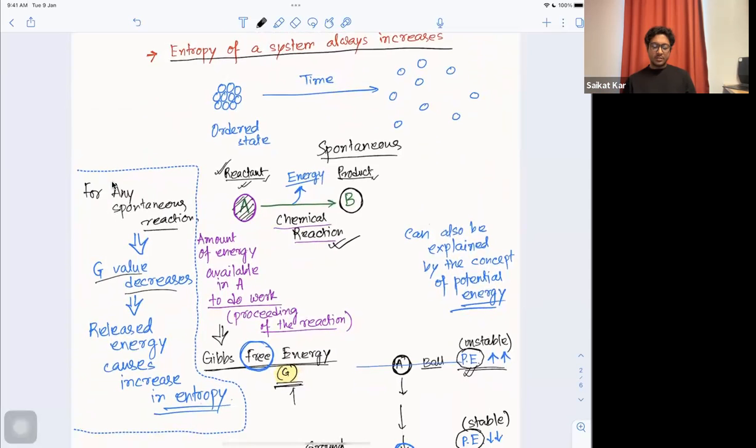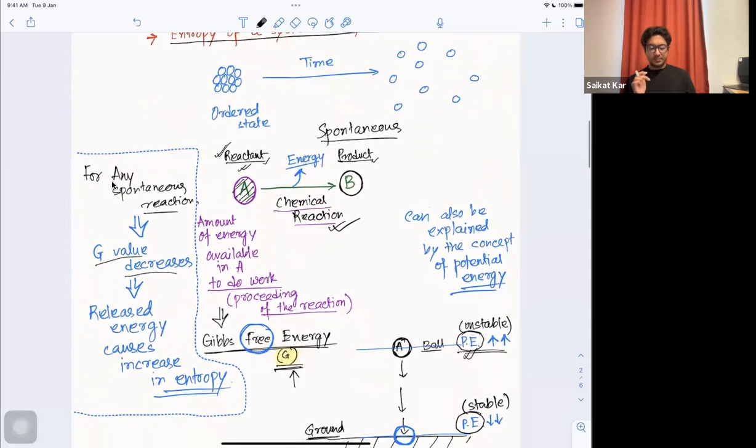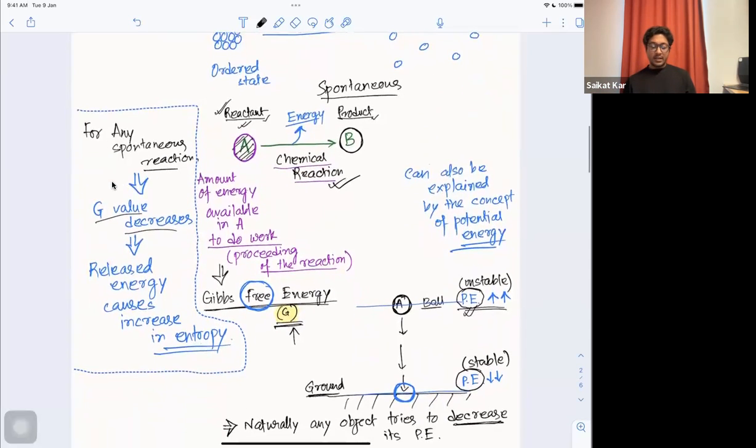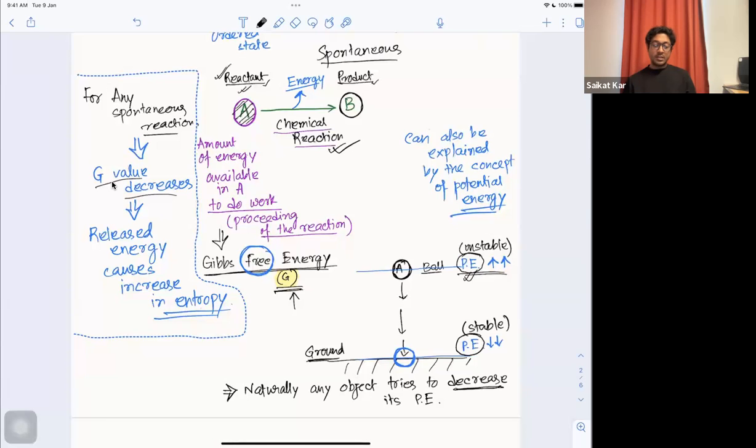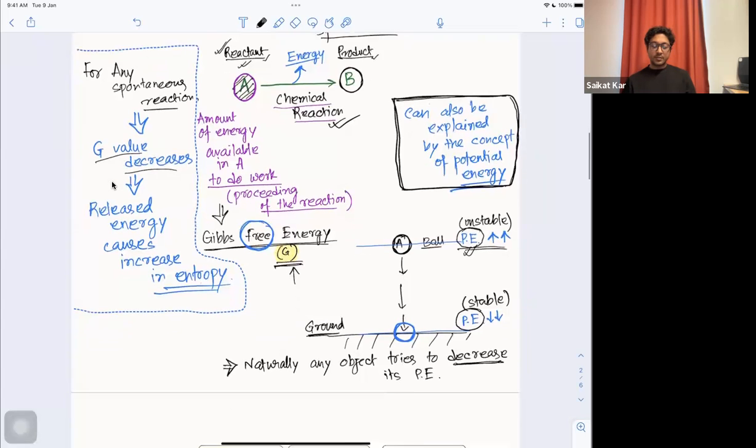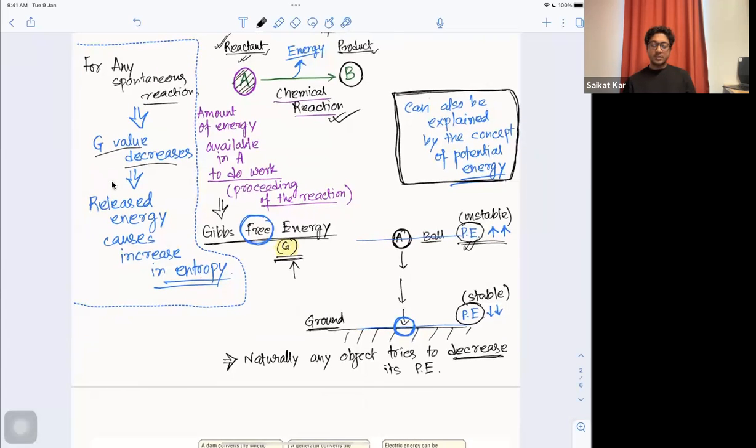And free energy value is explained by G. It can also be explained with the concept of mechanical energy. There are two forms of mechanical energy, potential energy and kinetic energy. So it can also be explained with the example of potential energy.